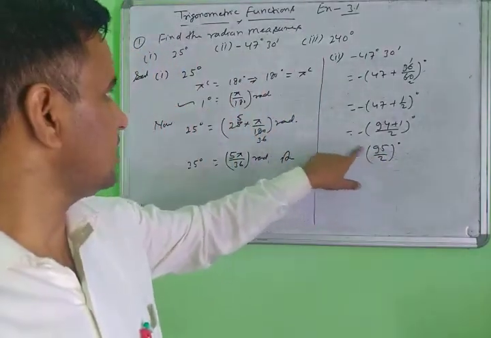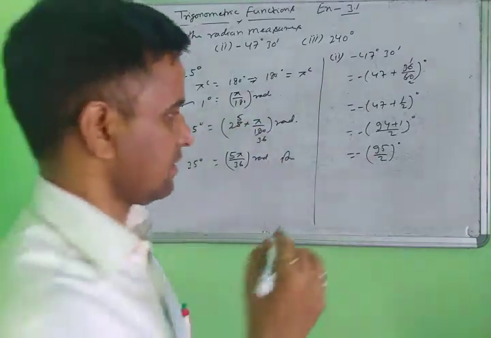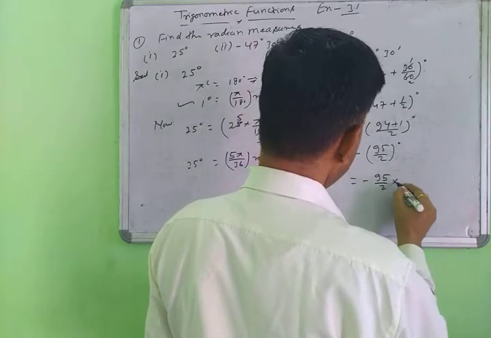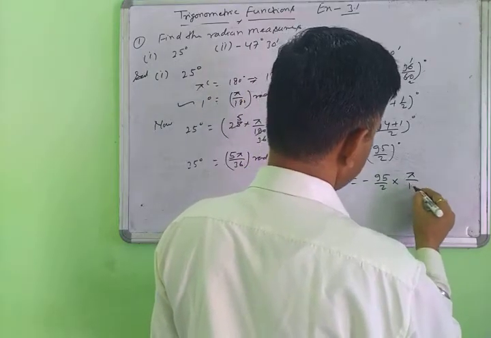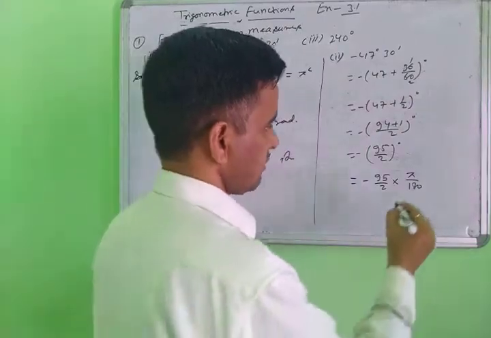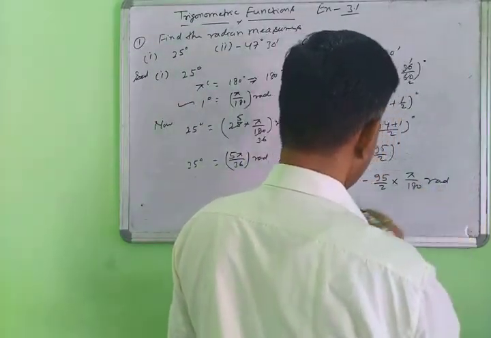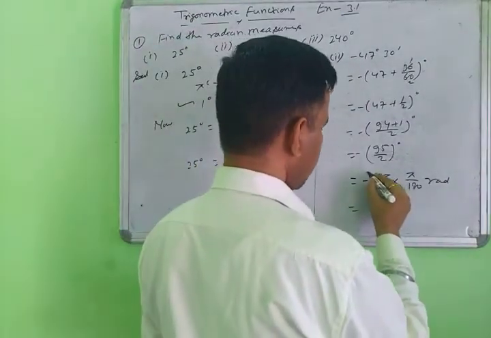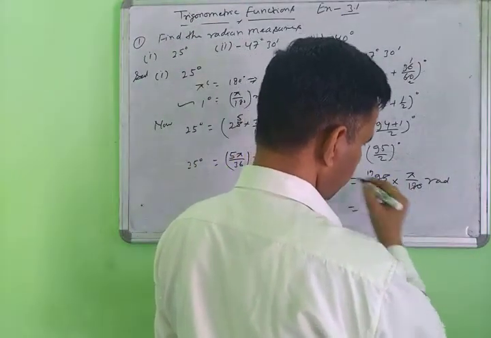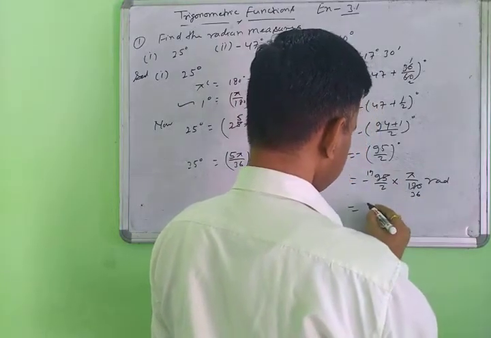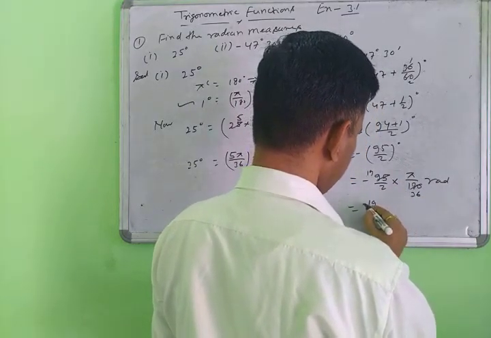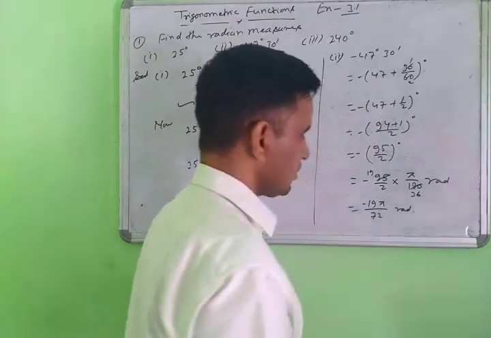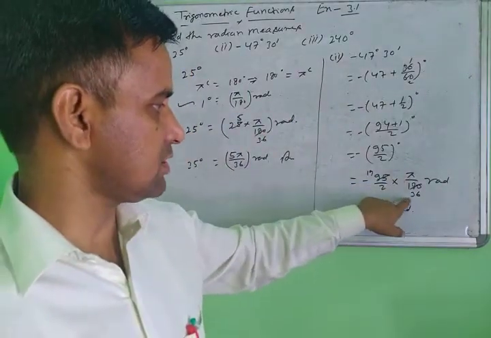After that, using this identity, convert the degrees into radians. So minus 95 upon 2 into pi upon 180. Now calculate, cancel by 5: 19 times 5 is 95, and 5 times 36 is 180. It means minus 19 pi upon 72 radian.